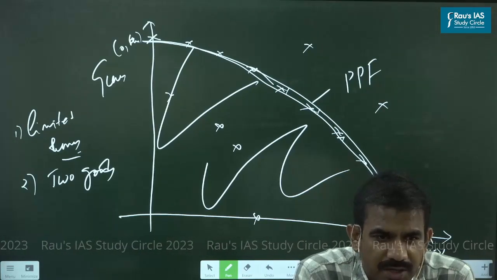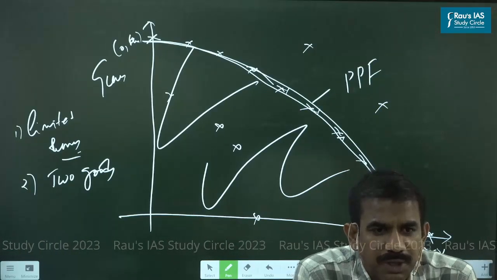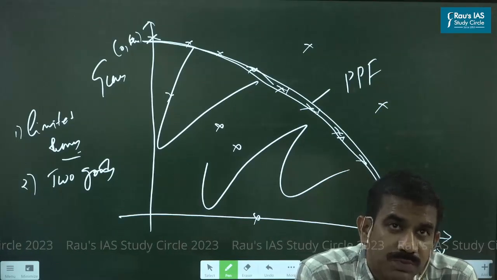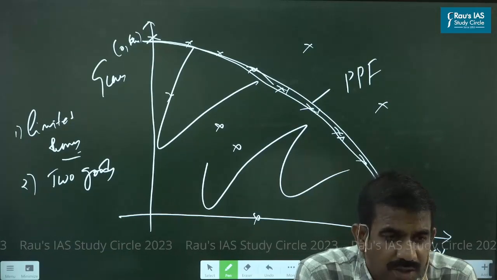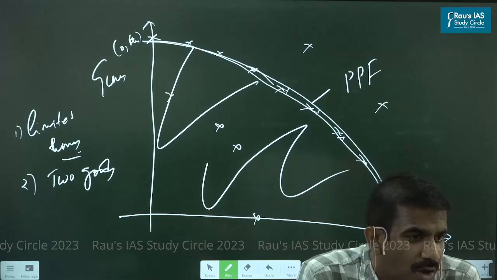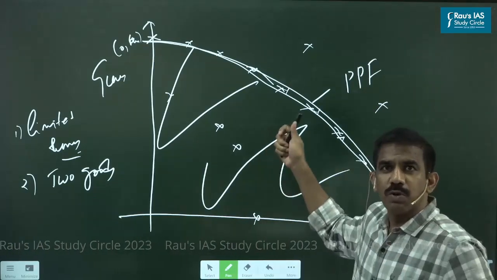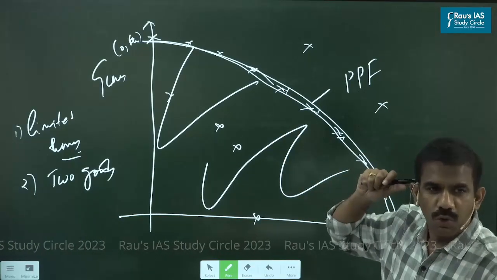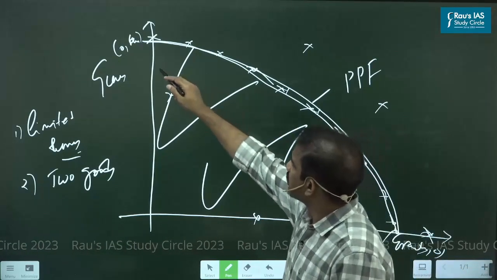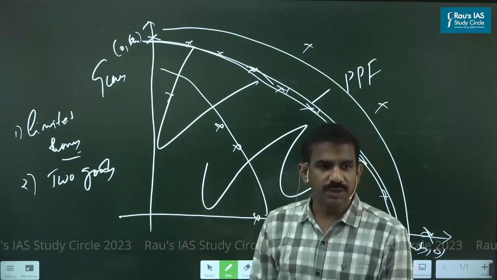But once you start gaining experience, your productivity improves. Your skill improves and hence your output obviously rises. So will the production possibility frontier remain constant? No, it might shift to the left or shift to the right. You accept it? Okay, yes.